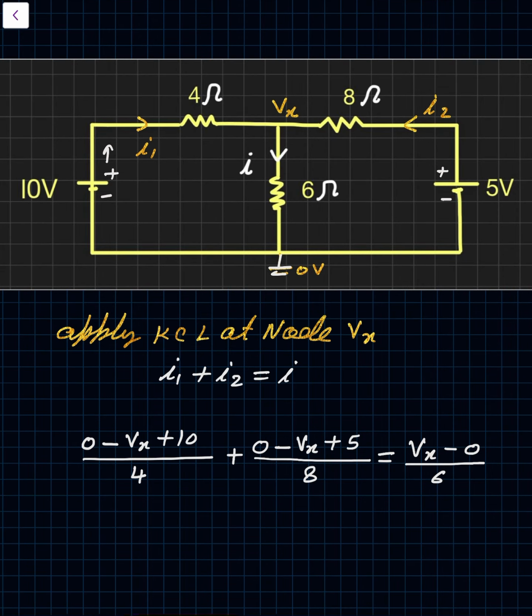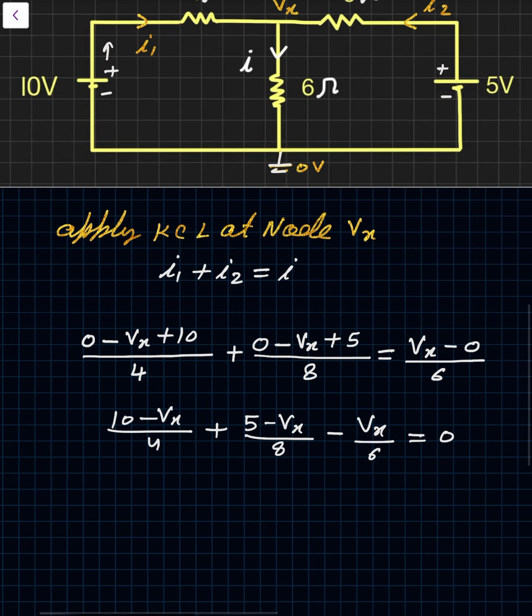Now, that one is written as (10 minus Vx) divided by 4 plus (5 minus Vx) divided by 8, this is equal to (Vx minus 0) divided by 6.